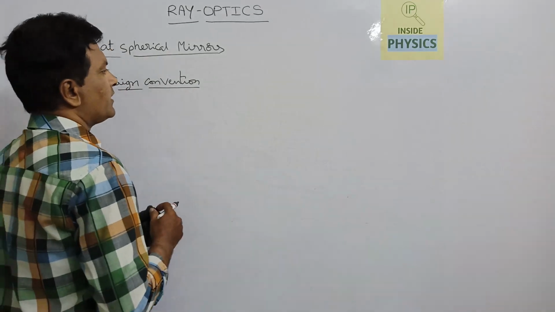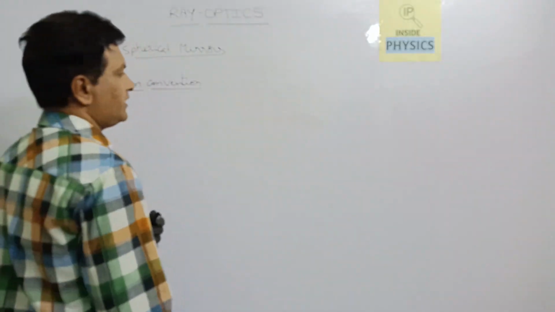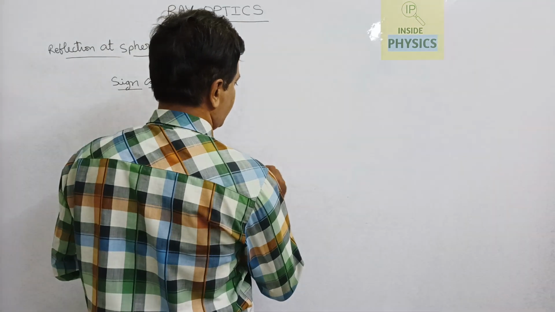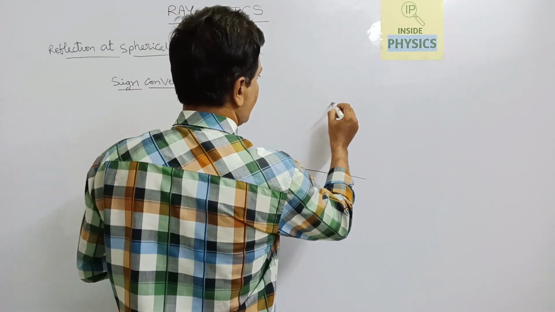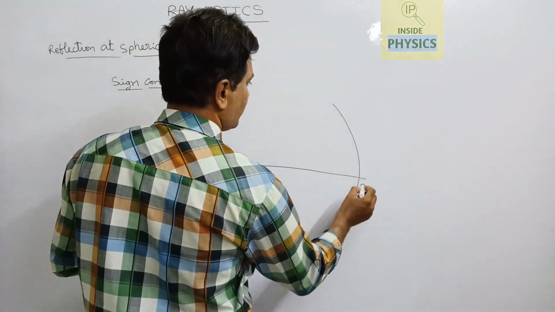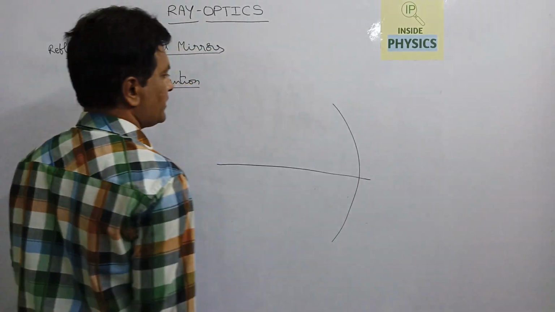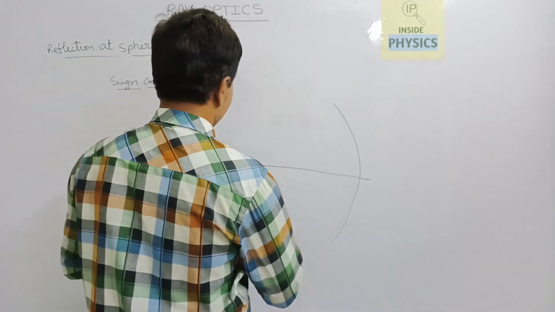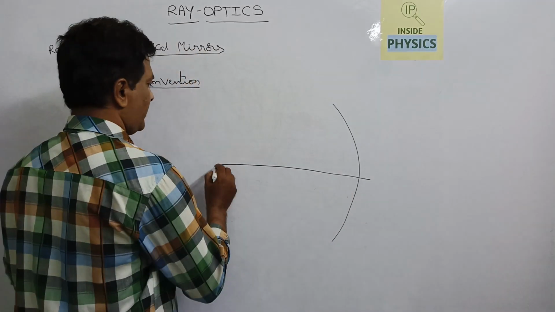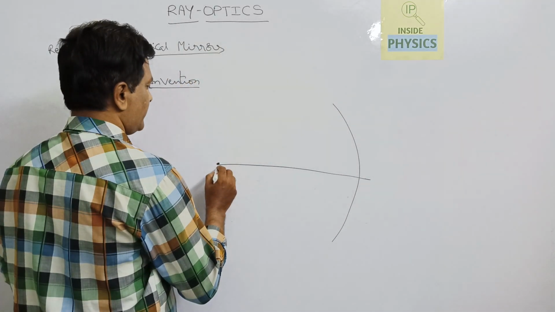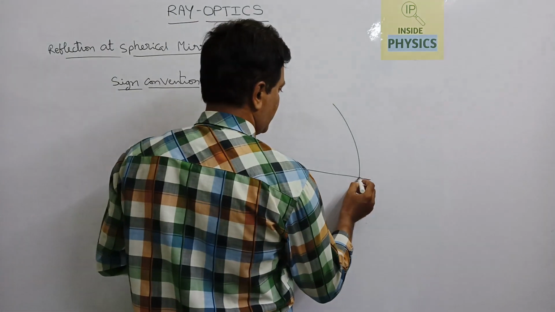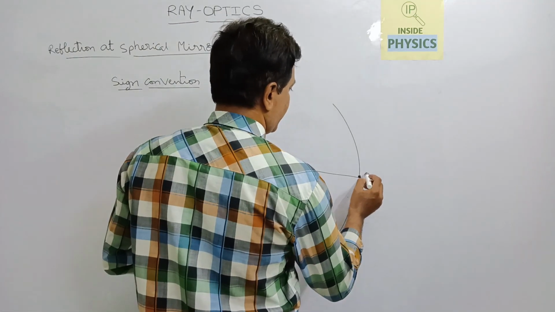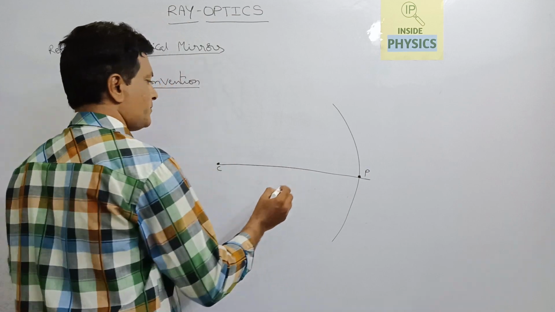Here in the sign convention we just consider a spherical mirror. This is the principal axis. A line connecting the center of curvature to the pole of the mirror is called the principal axis.